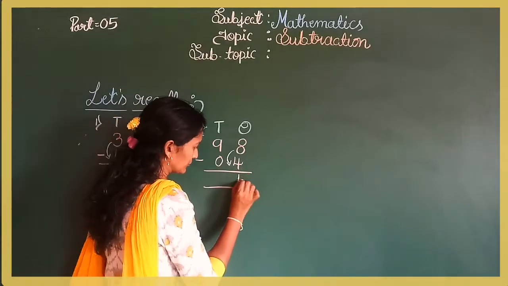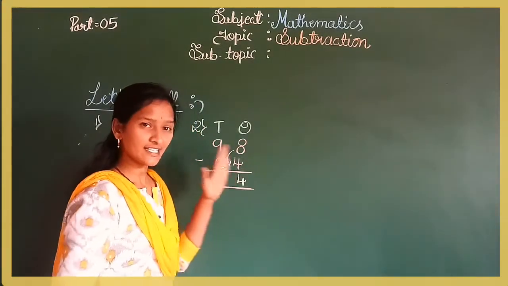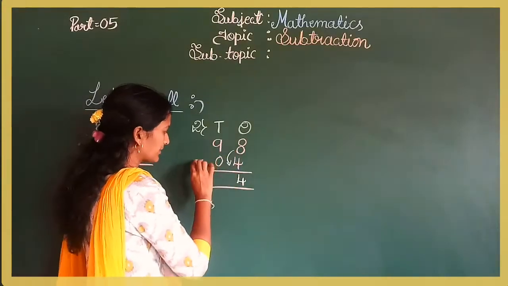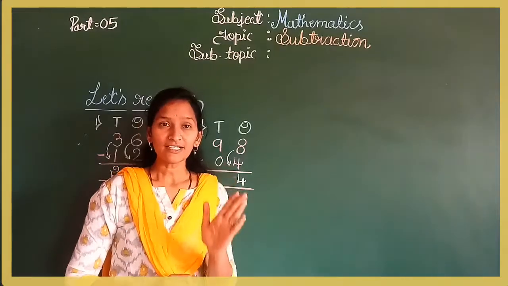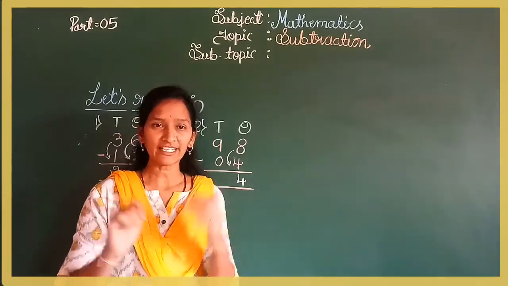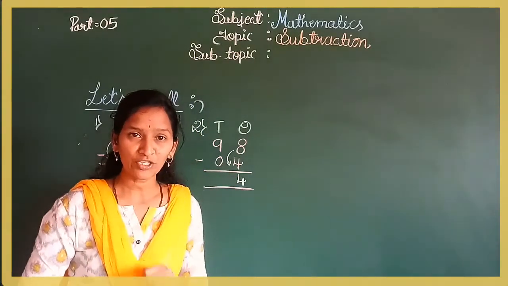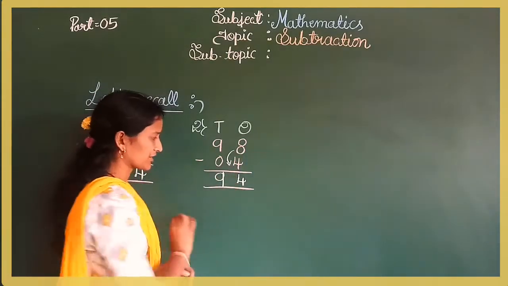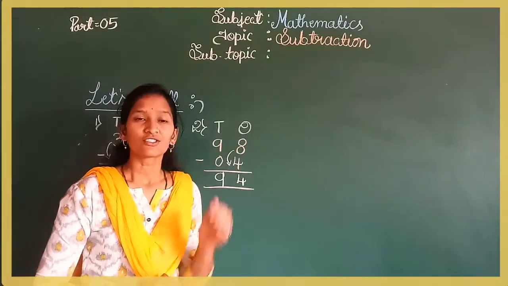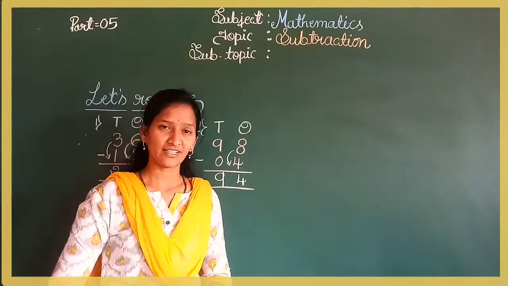So write here 4. The next, come to the tens column. 9 minus 0. What is 9 minus 0? The 9 minus 0 is 9 itself. It is the first property of subtraction. Right? So write here 9. So which is our difference? So 94 is our difference.